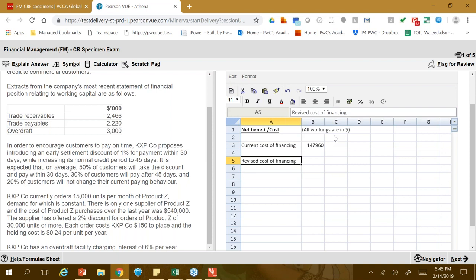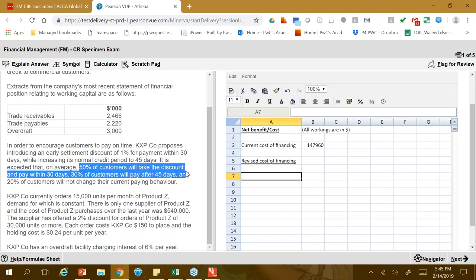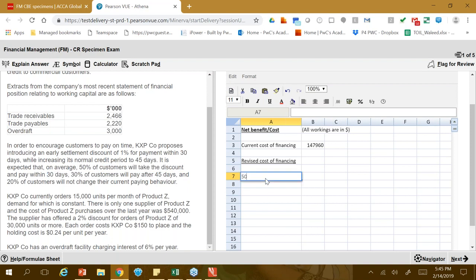Now, in terms of revised cost of financing, remember, this company is going to split their customers into 3 layers. 50% customers will take discount and pay in 30 days. Then we have 30% customers who will take 45 days. And then we have 20% customers who will not change their current paying behavior.